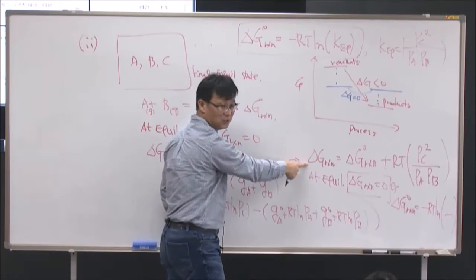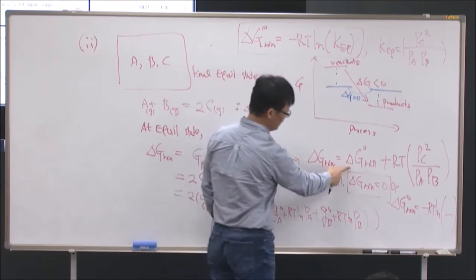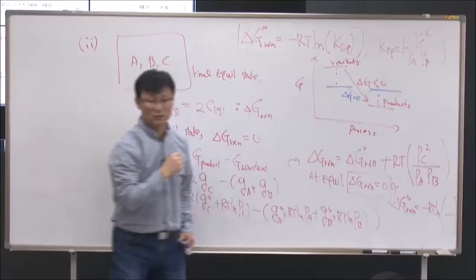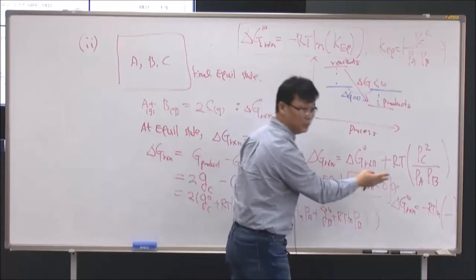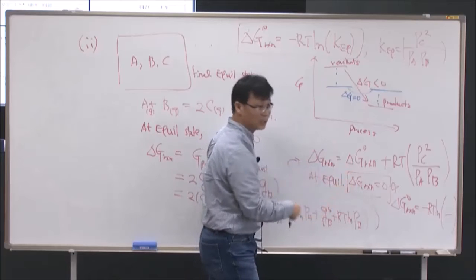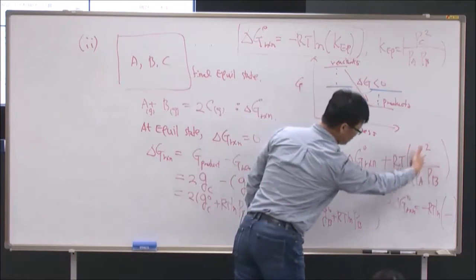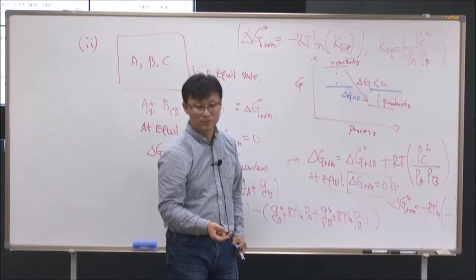This is the important equation. Delta G of reaction equal to delta G naught of reaction plus RT ln of the equilibrium constant. It may not be the equilibrium constant, because if it is not at equilibrium, when we say this is 0, when delta G of reaction equal to 0, this is equilibrium state, then those values inside here, we call it equilibrium constant, K equilibrium.